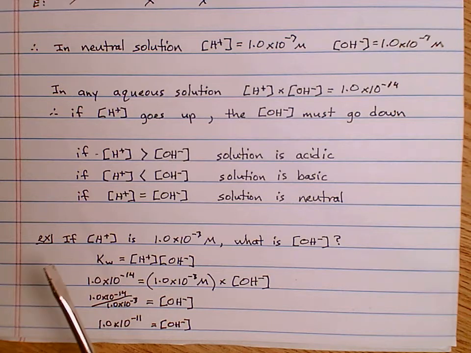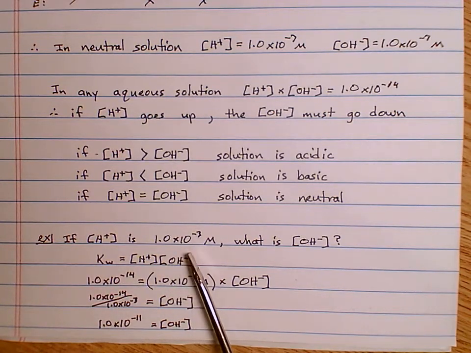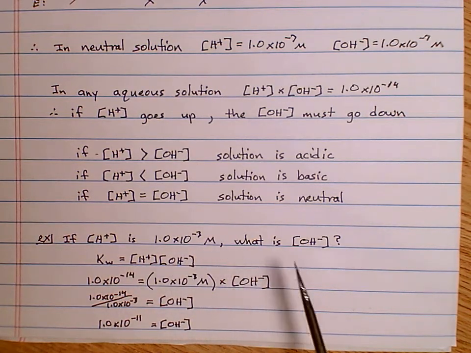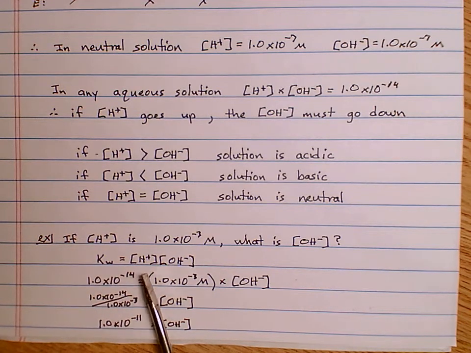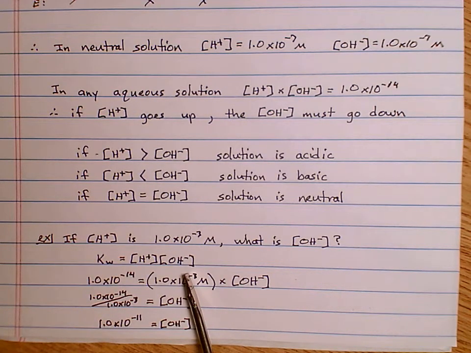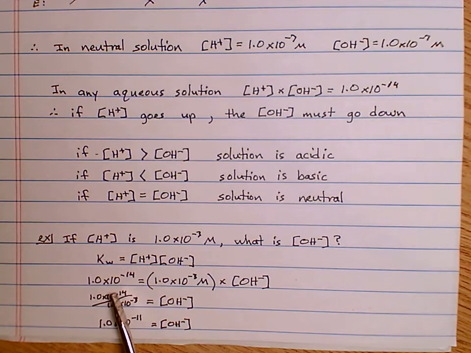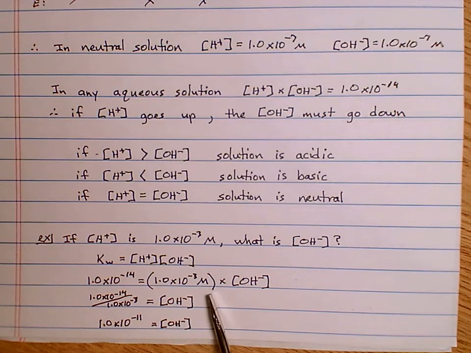So we can do some math with this then. Yay, gotta love math. If the concentration of H plus is 1 times 10 to the minus 3rd molar, what is the concentration of OH minus? Well, Kw is concentration of H plus times concentration of OH minus. Kw is 1 times 10 to the minus 14th. We said our concentration of H plus was 1.0 times 10 to the minus 3rd.